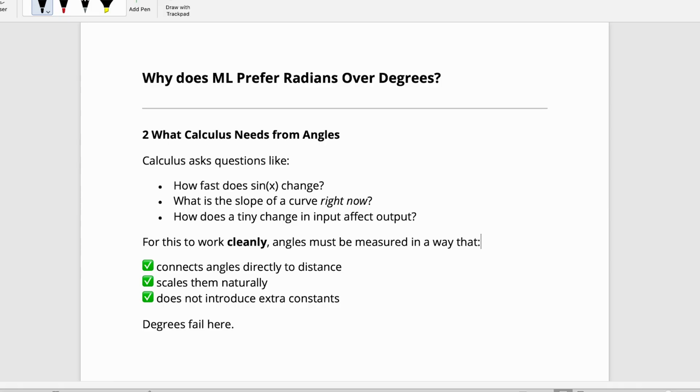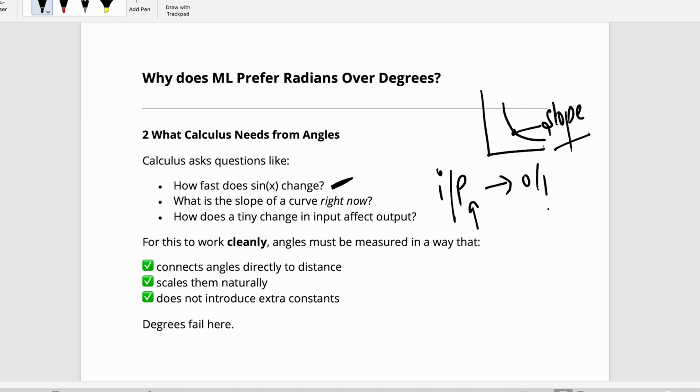So what exactly does calculus need from angles? Calculus asks questions like how fast is sin x changing, and if I have a curve here, at this point what is the slope, and if I make some changes, whether small or big, how does this change affect the output?